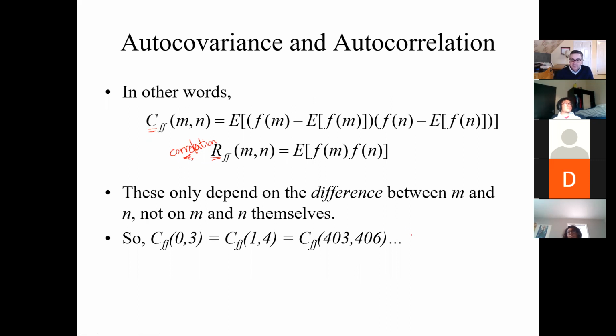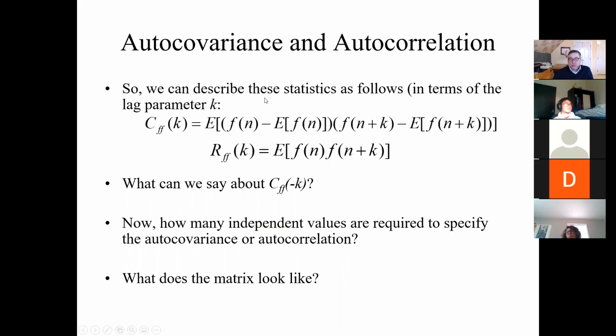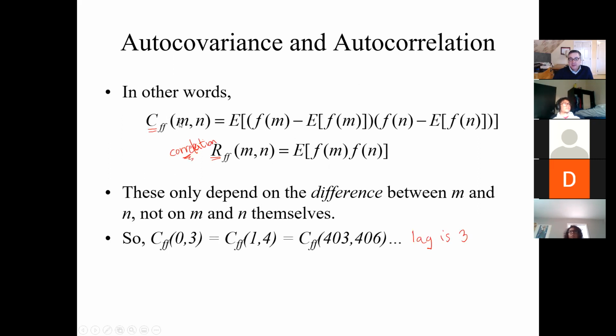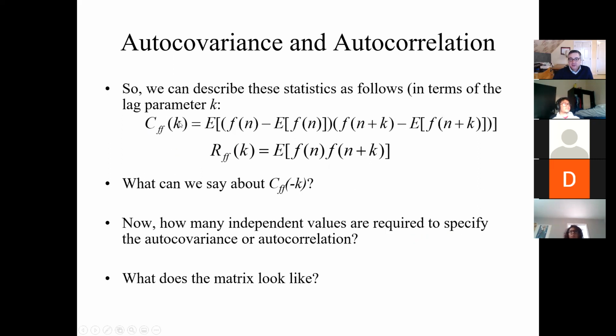And in this example, the lag is 3 time units. So we can describe these now in terms of only 1 variable, instead of 2, if the random process is stationary.